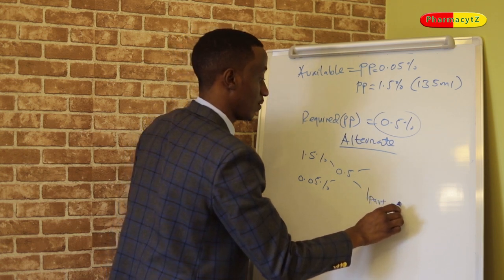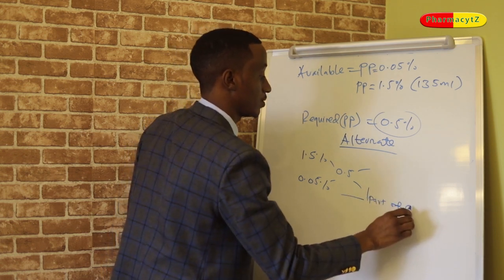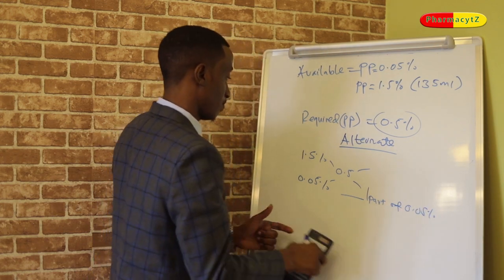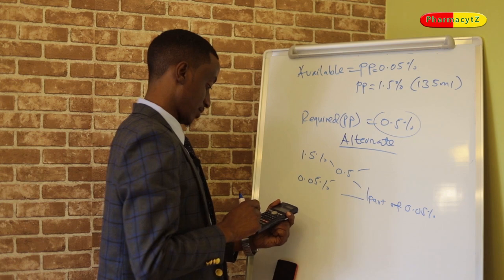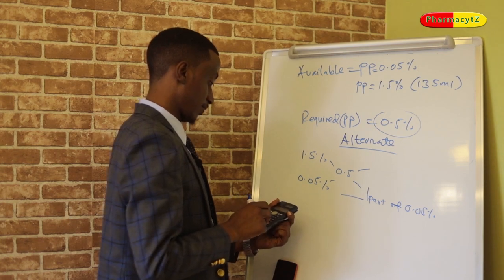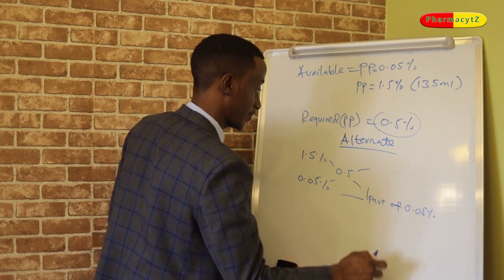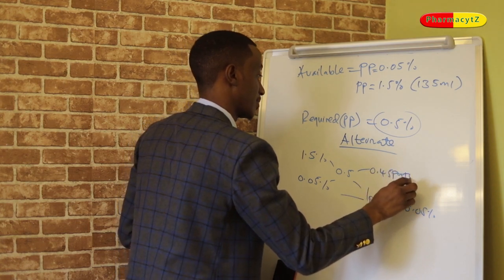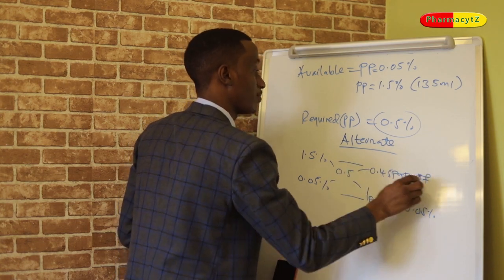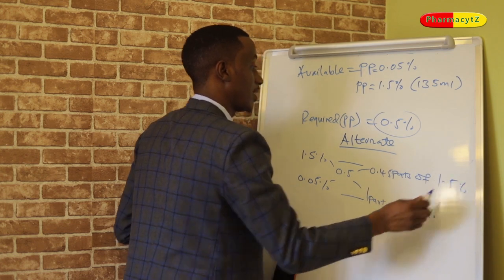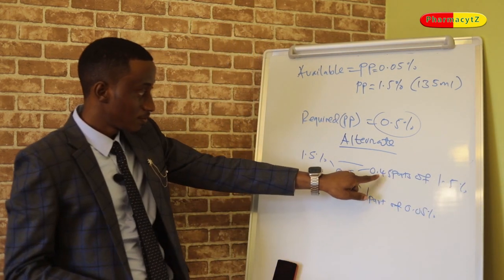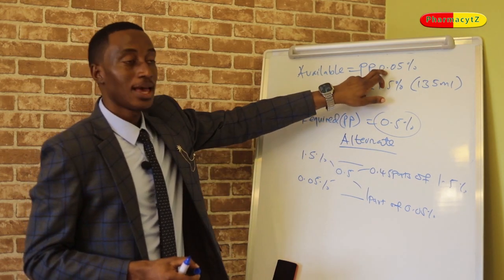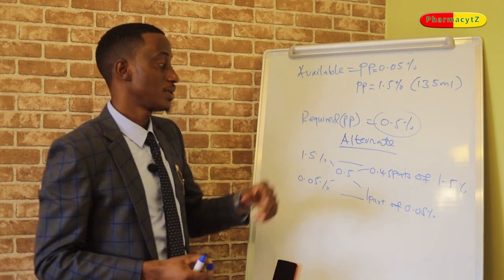This is 1 part of the 0.05% potassium permanganate. Then 0.5 minus 0.05, this is 0.45. This is 0.45 parts of the 1.5% potassium permanganate. From this point, consider just parts. Remember, we have been asked how many mils from here to be used.